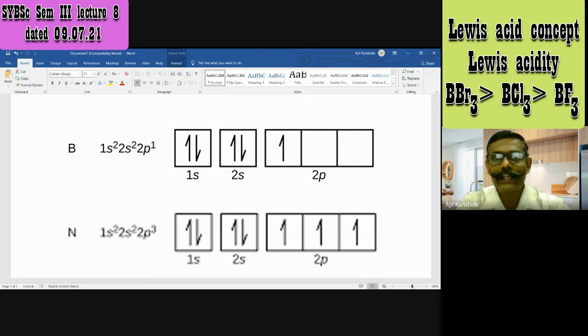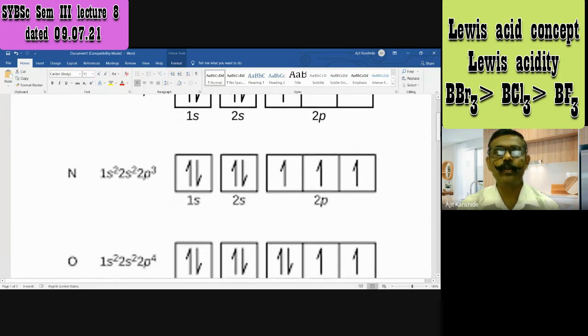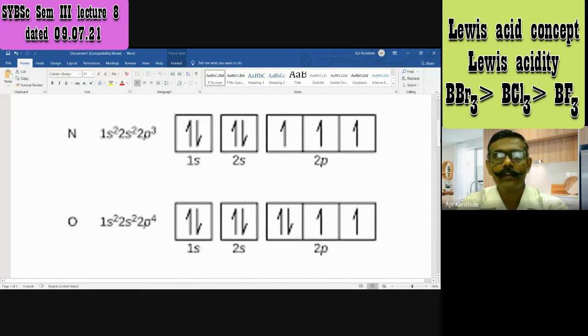Now see the second element, electronic configuration. That's nitrogen. Atomic number of nitrogen is 7. So its electronic configuration is 1s2, 2s2, 2p3. 1s orbital 2 electrons, that's a pairing. 2s orbital 2 electrons, pairing. And 2p orbitals 3 electrons are there.